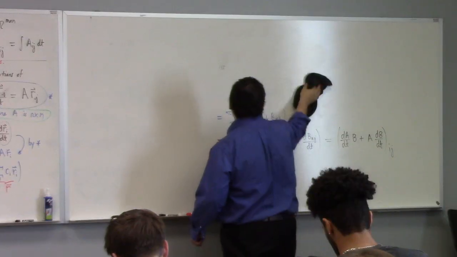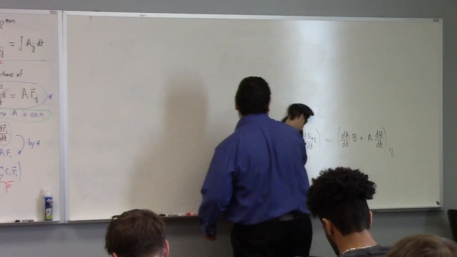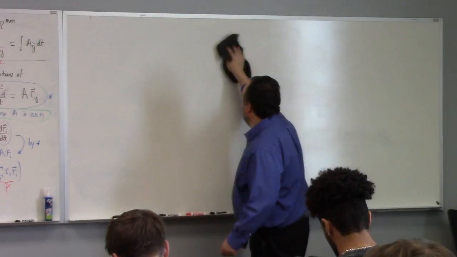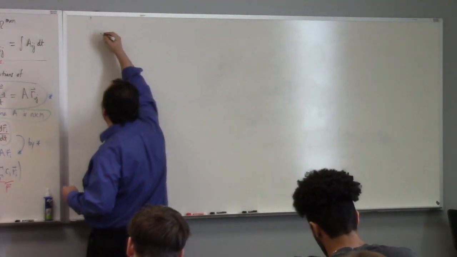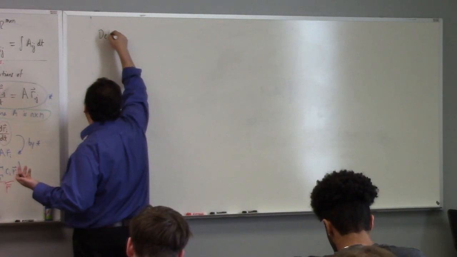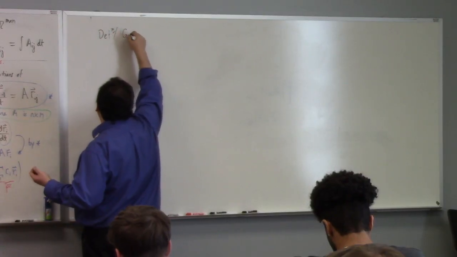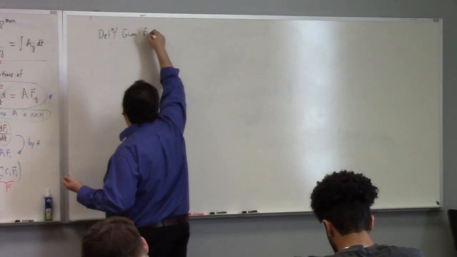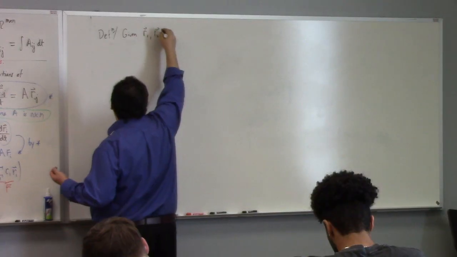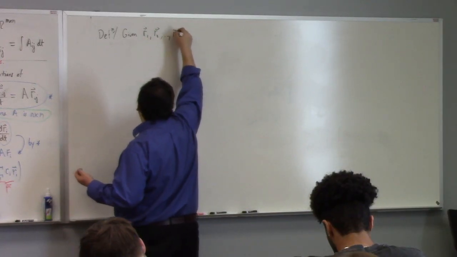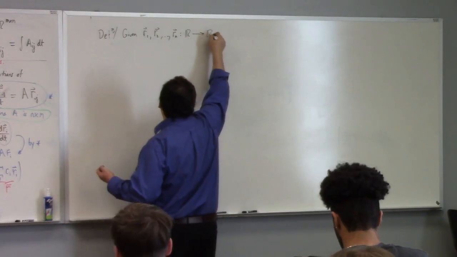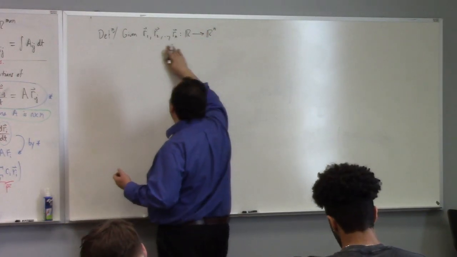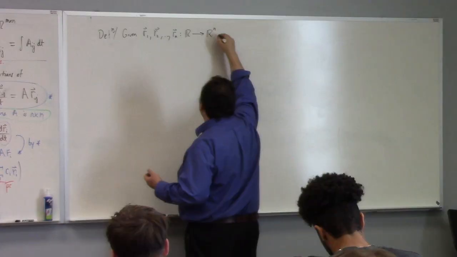So here's, I probably should just tell you the definition. Given R1, R2, ..., Rn, mappings from R to Rn, these are vector valued functions of time.